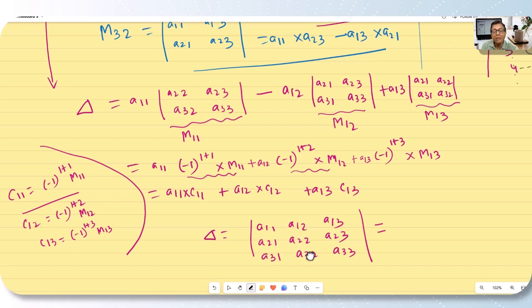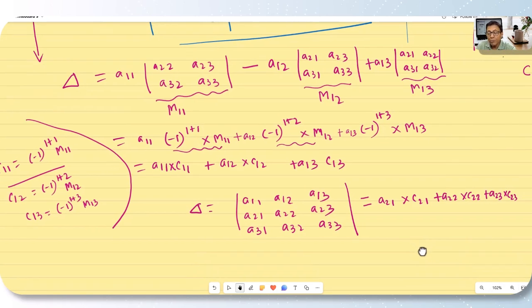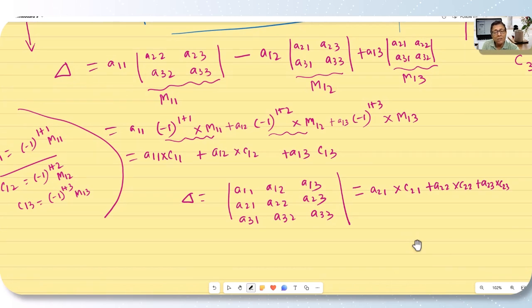If I expand in terms of the second row, we get the same value: A21 into C21 plus A22 into C22 plus A23 into C23. Somebody says, can't I express it in terms of columns?